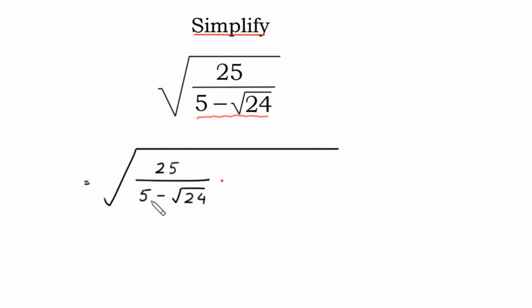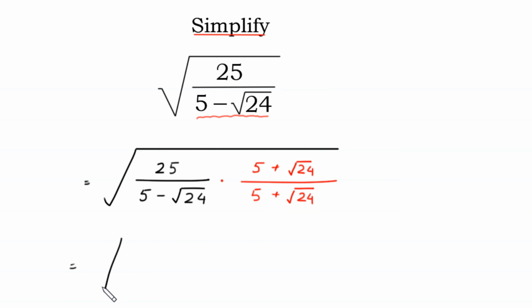The conjugate of this denominator is 5 plus square root of 24, and we divide this expression by 5 plus square root of 24.